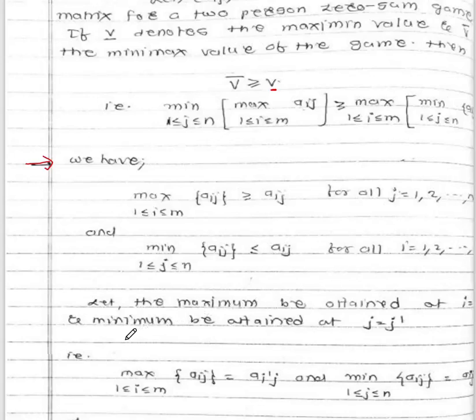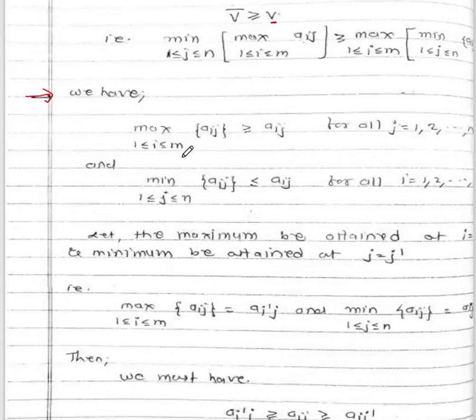Let us suppose that the maximum is attained at i equal to i dash and the minimum value is attained at j equal to j dash. Now we will put i equal to i dash and j equal to j dash in both equations. Then this can be written as maximum of Aij equal to Ai dash j and minimum Aij equal to Aij dash.